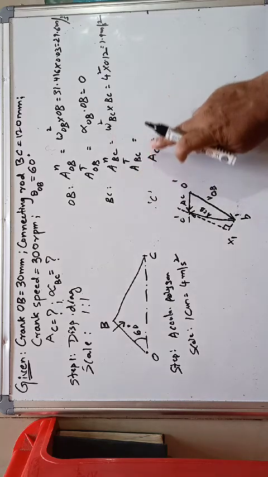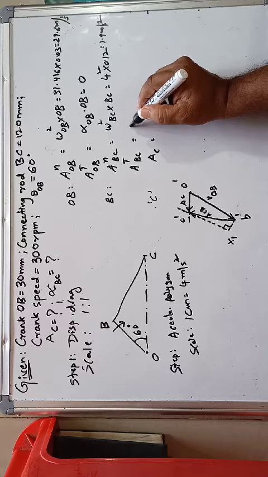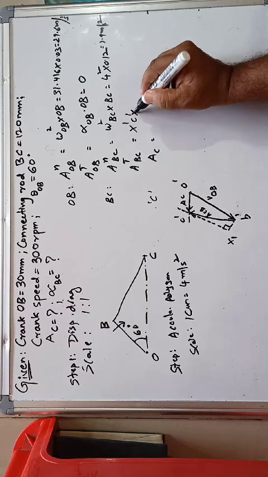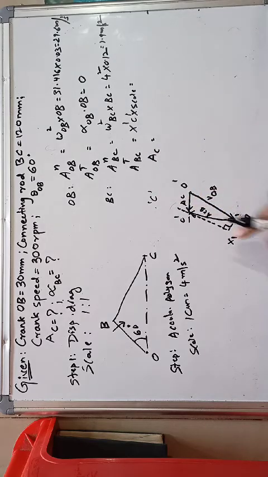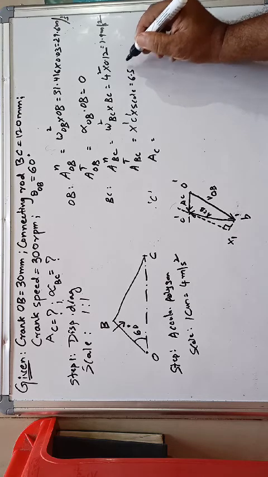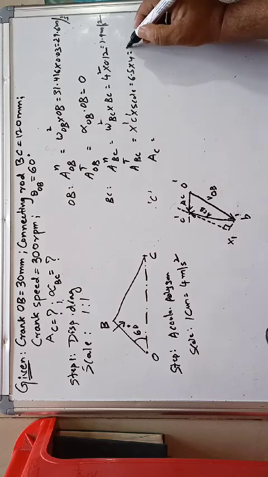Now I want to find the tangential component of BC and AC. How to find this tangential component? From the figure, the tangential component is x dash C dash into scale, because this is the tangential component. If you measure this value, it is 6.5 into 4, which is equal to 26 meters per second square.